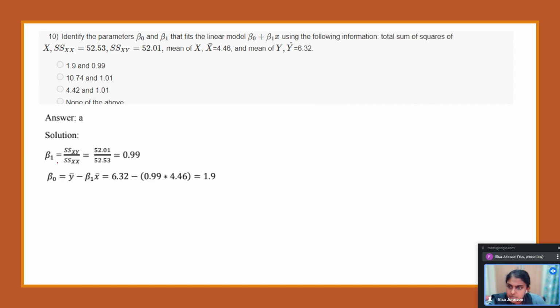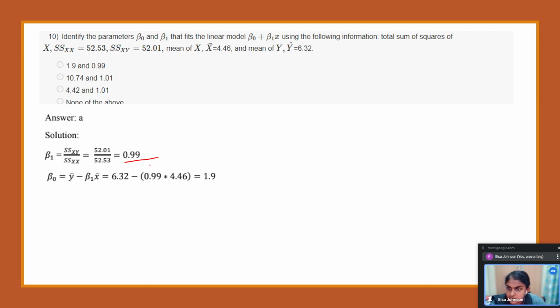So for this one, the solution is beta 1 you can directly find out with sxy by ssxx. So 52.1 by 52.53, the answer is this much, and beta naught equal to y bar minus, that is the mean, okay, minus beta 1 x bar. So this is the answer.